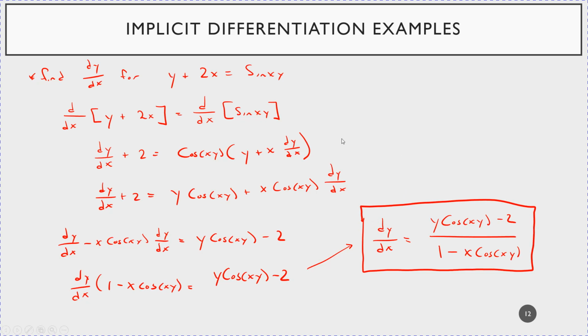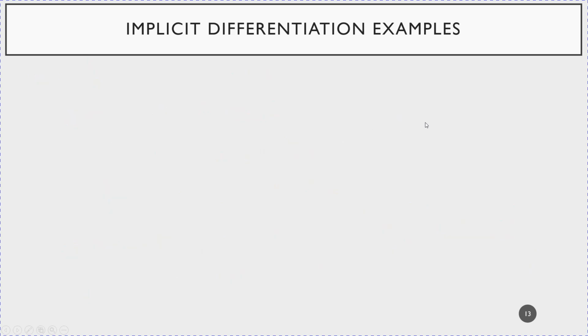Okay, let's look at this one. Let's find dy/dx for e to the xy equals 5.